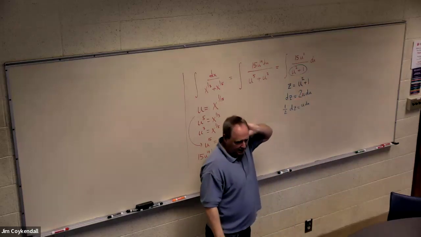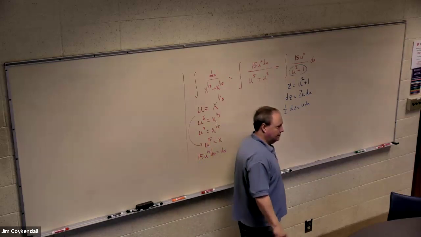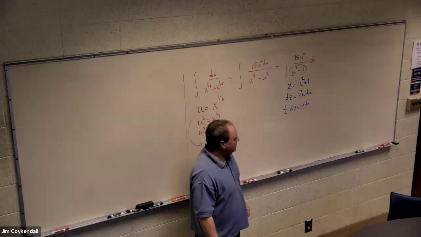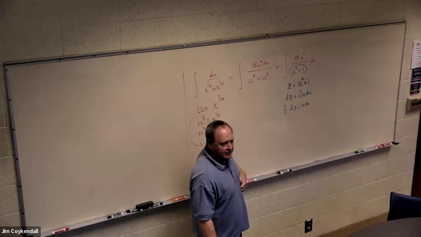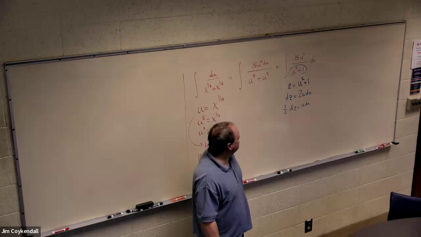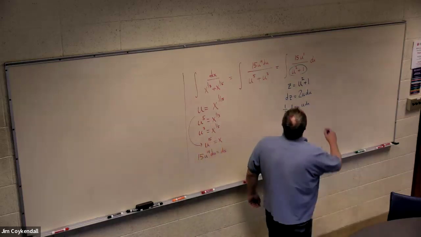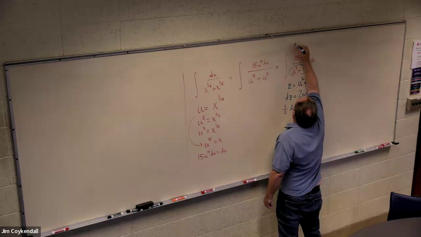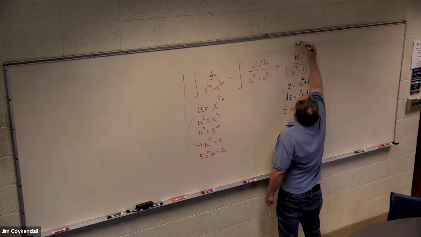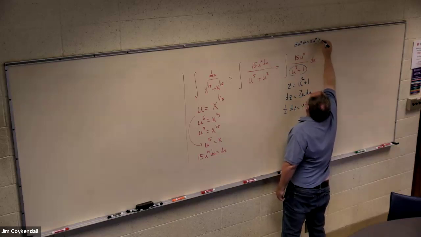That looks complicated. How's the substitution going to help you think this? At the top is 15 u to the 11 du, which is 15 u to the 10 u du.